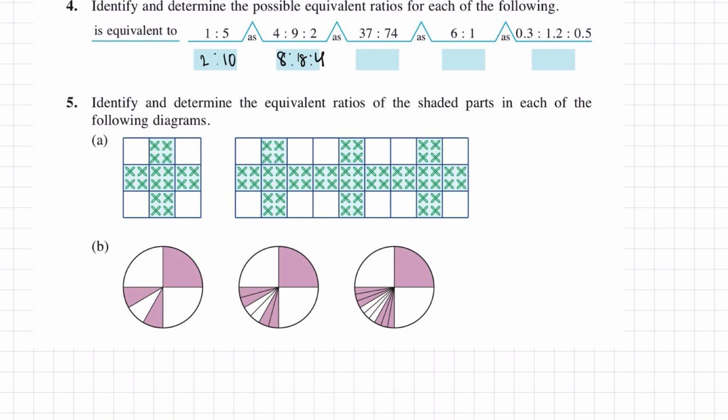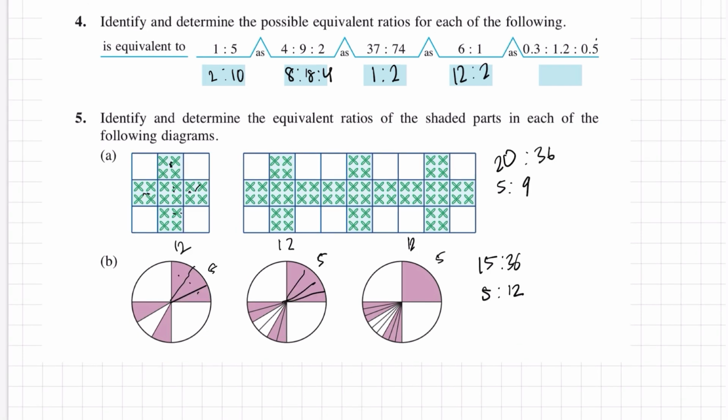You just type in 37 divided by 74 and you have a fraction. The fraction we can actually turn into a ratio because it is basically the same. So I get 1 to 2, and 6 to 1 is equal to 12 and 2.